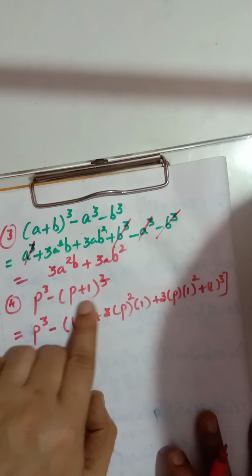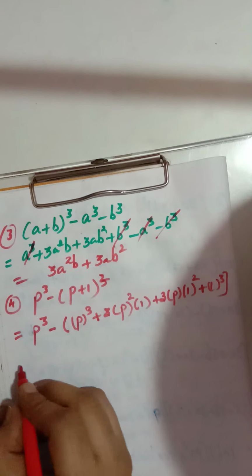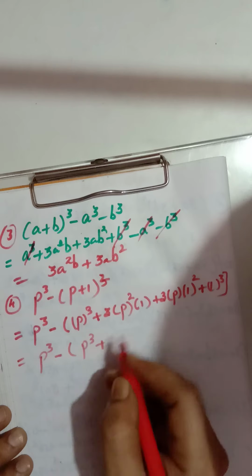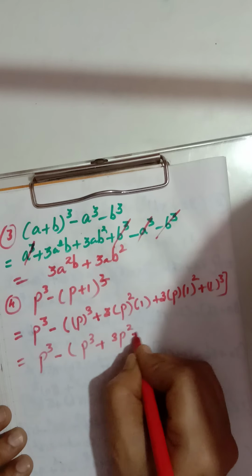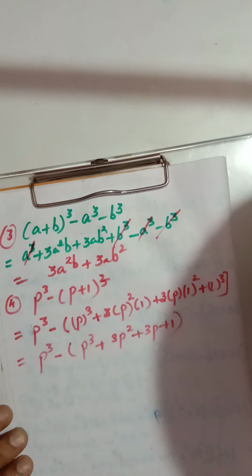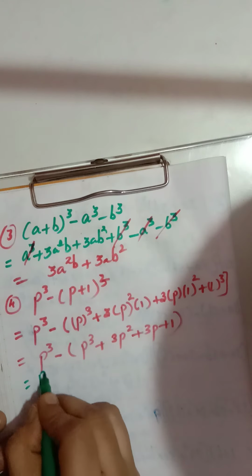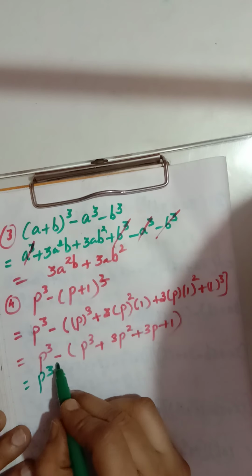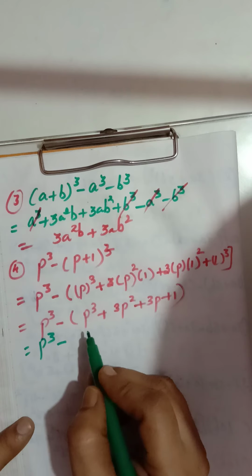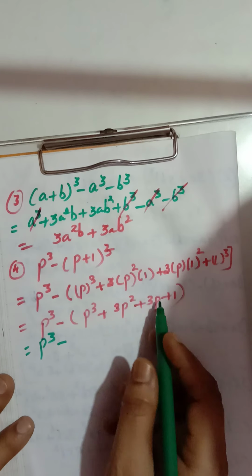We have to apply it only to the second bracket. Now this is equal to p cube minus, first, p cube plus 3p square plus 3p plus 1. Now we will open the bracket, children. Whenever there is a minus sign, we have learned that all the signs inside the bracket will change.